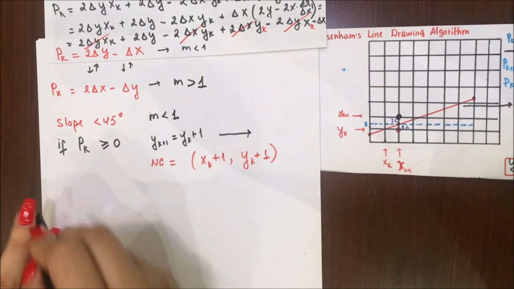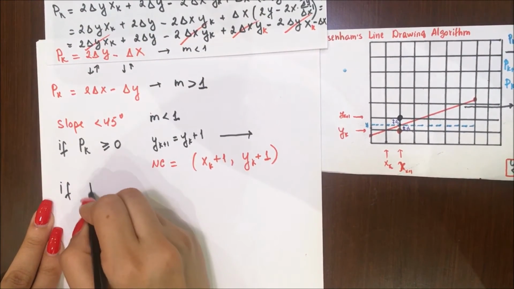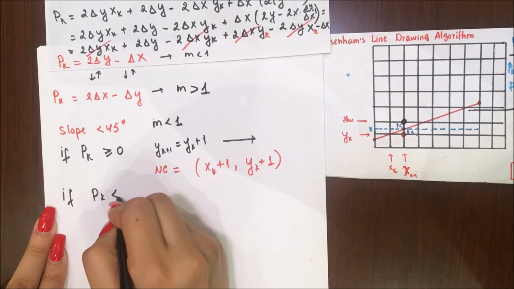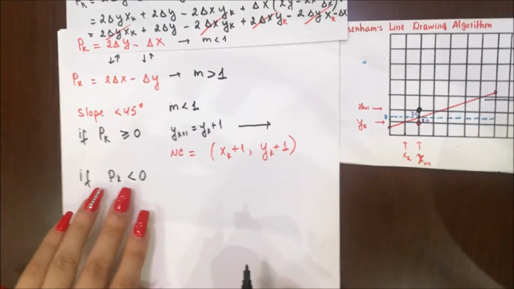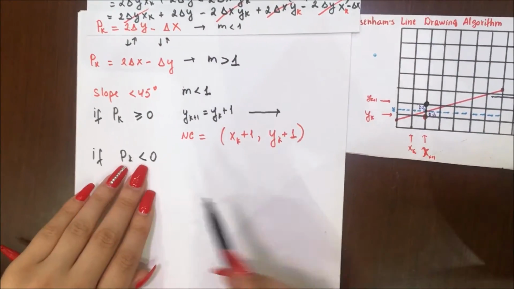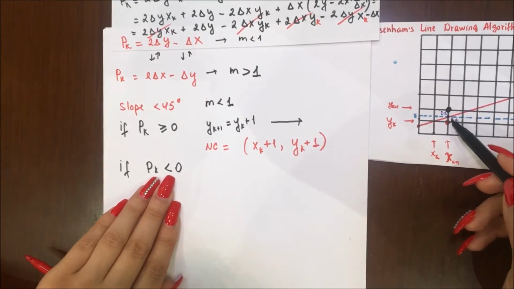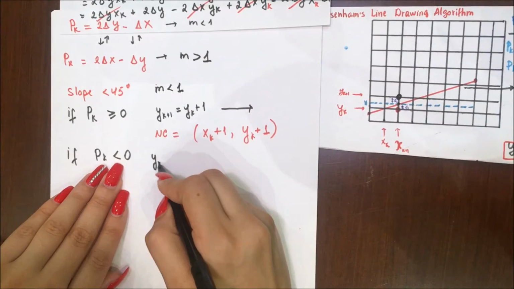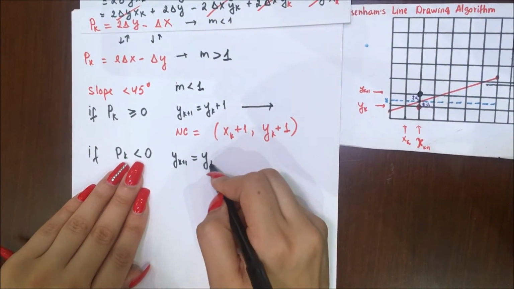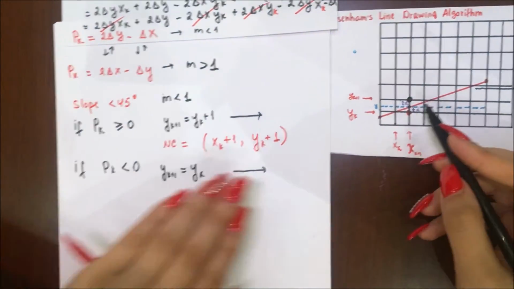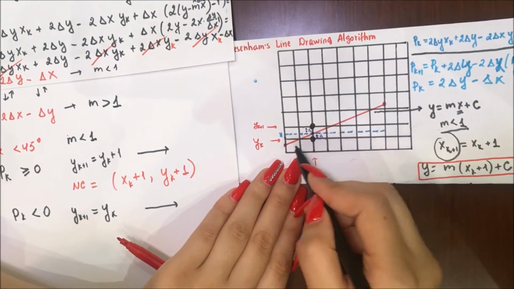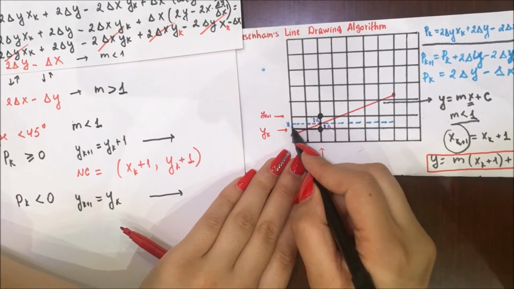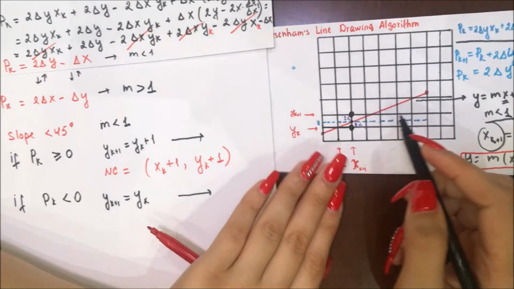If pk is less than 0, then next coordinate of y will be yk. So computer will choose lower pixel because yk will be nearer to intercept point.